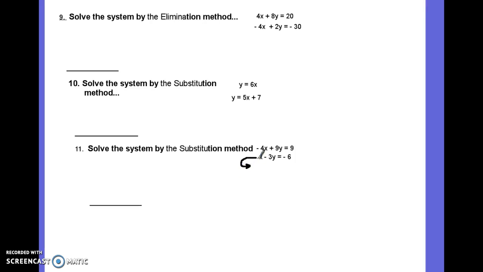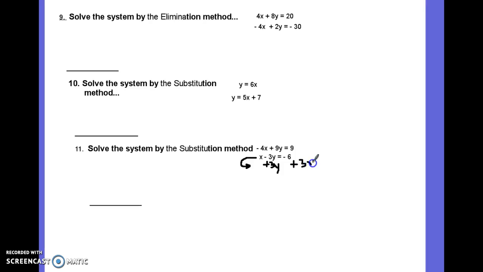How are we going to get this x to stand by itself? We add 3y to both sides. So we go ahead and add 3y to the left of the equal sign, and we have to add 3y to the right of the equal sign as well.